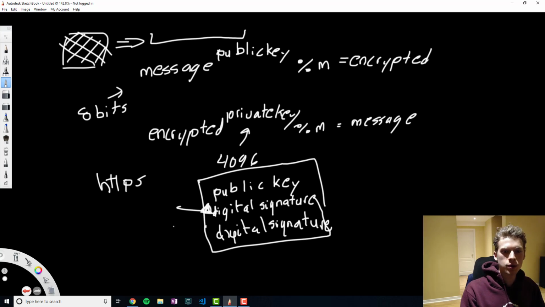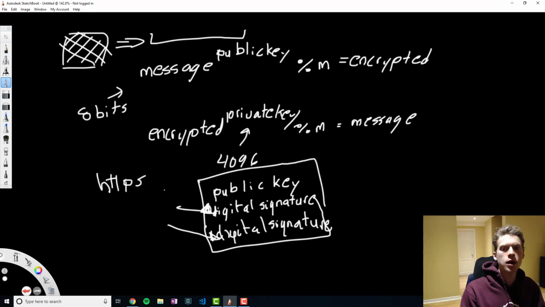And so we use a digital signature provided by a certificate authority, which is essentially a third party that we all agree is trustworthy, and they verify the identity of the person with the private key.